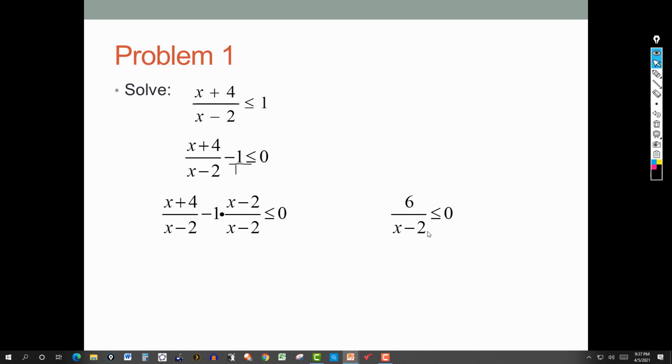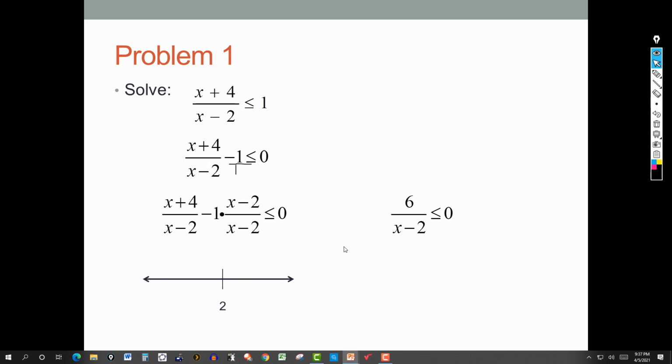So on a number line, we plot the number 2. In this case, we're only going to have two intervals because there's only one critical number, as we call them. This divides the number line into two regions. On the right is plus infinity, and on the far left is minus infinity.